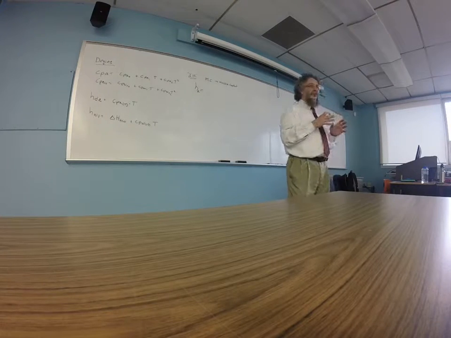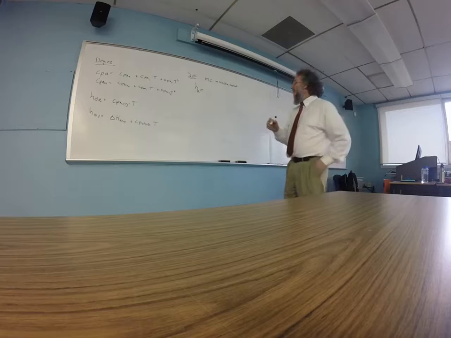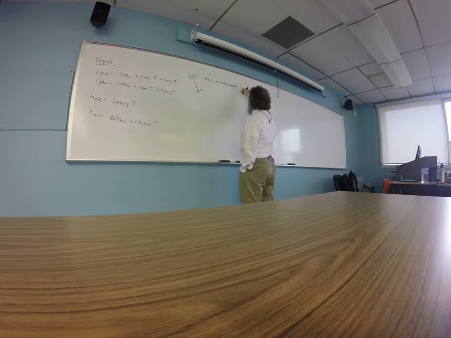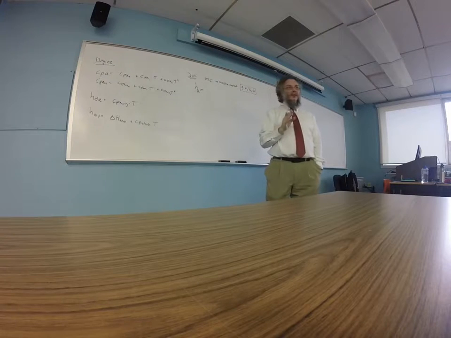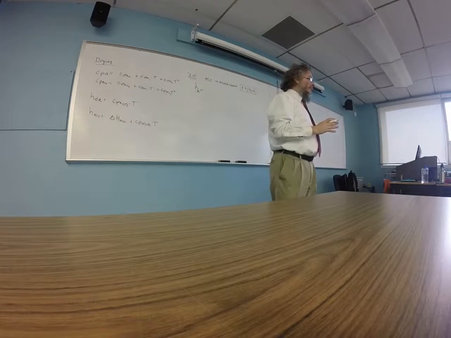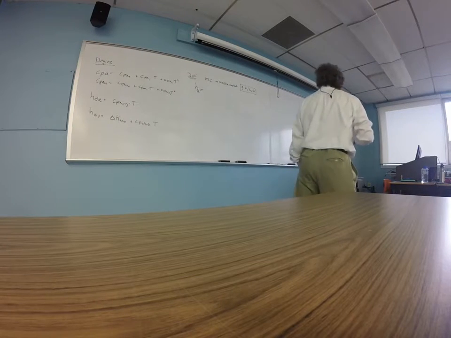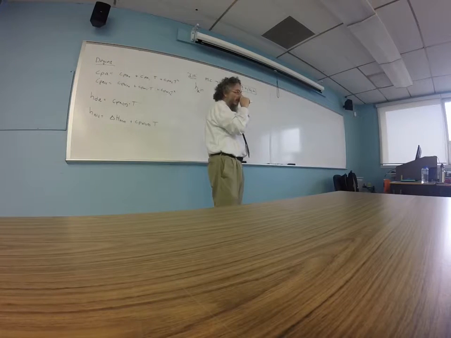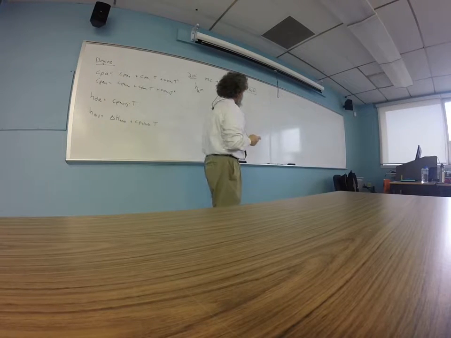Because it's mischievous. Okay, so if we're going to use it in grams of water per kilogram of dry air, then I very strongly recommend you always keep your units so that you don't get confused. Grams of water per kilogram of dry air. This is a letter G in an ancient type of script.